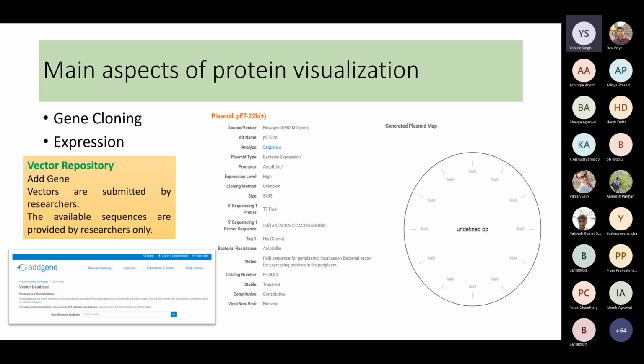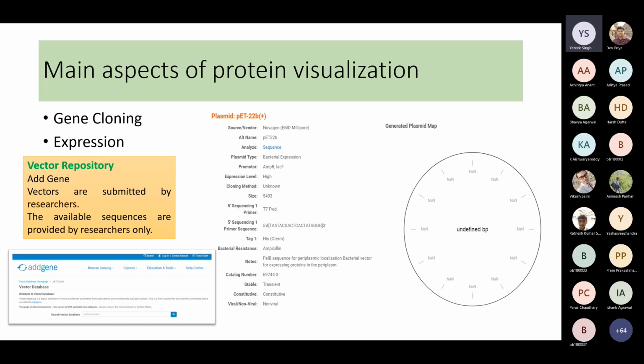Then people narrowed it down to bacteria, which have a single chromosome or a single genome. Anything you clone inside a bacterium will produce a protein of your interest. But it is difficult to clone a gene into the genome because the genome is very large, and you have to figure out where to clone and how to integrate it.